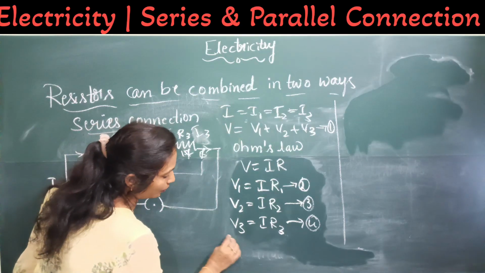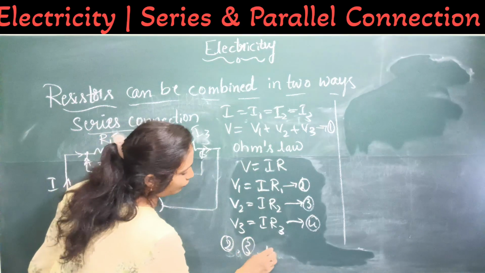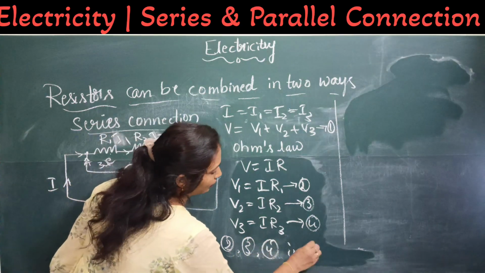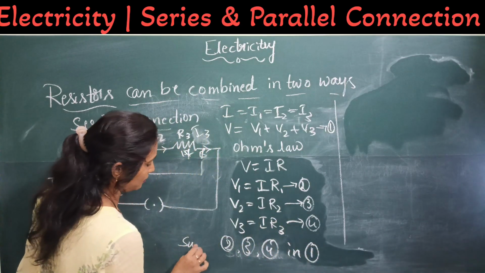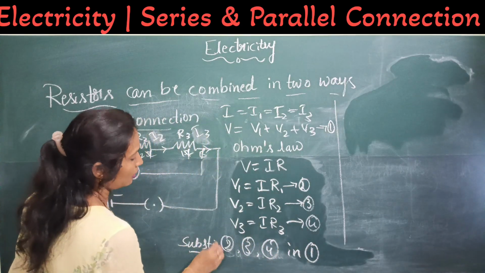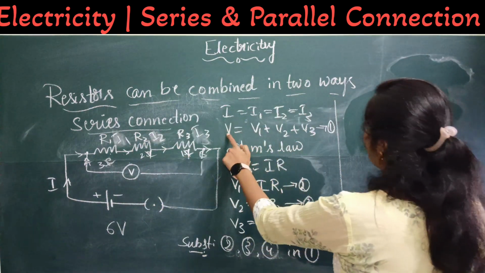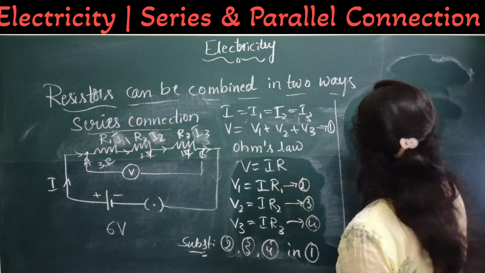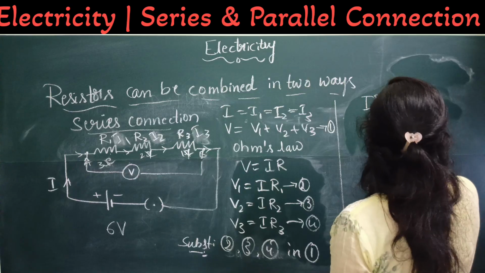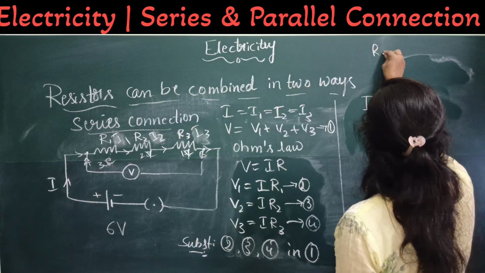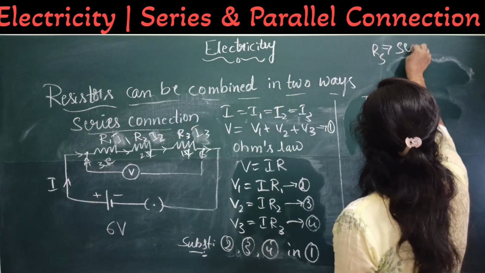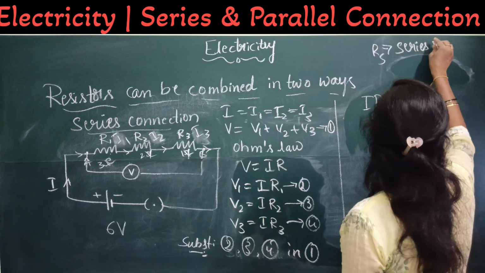Substitute 2, 3 and 4 in 1. V is I RS, because RS means the series connected resistance.